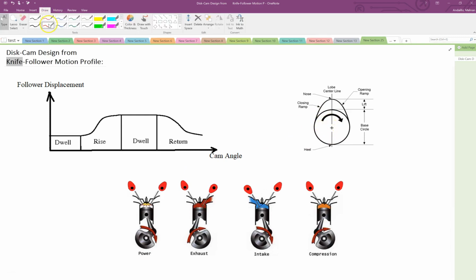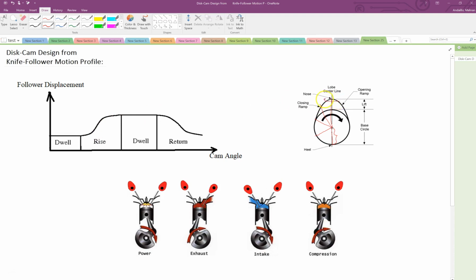So if I draw for you here, let's say initially this is the point of contact, so you only have that much of a radial distance. As this guy starts to rotate, then the radial distance becomes this, then it becomes that, and you see that the radial distance is increasing, so the follower is going to rise.